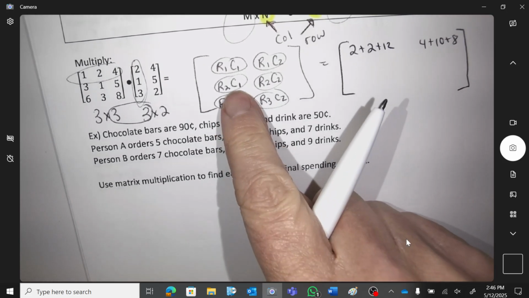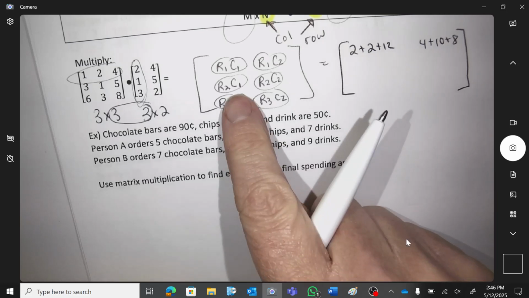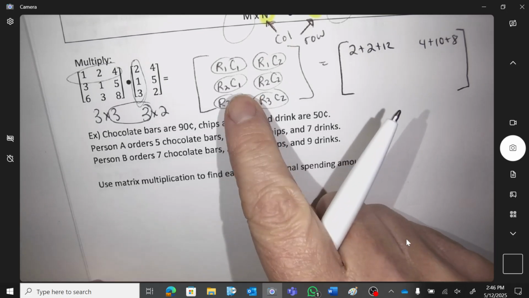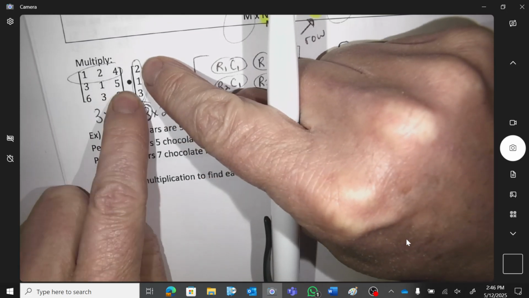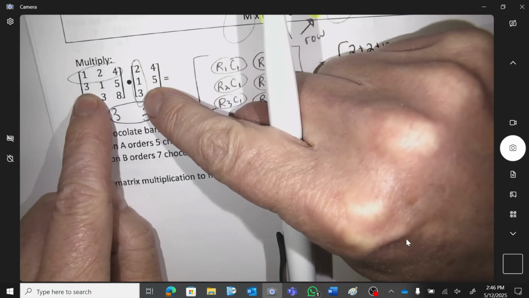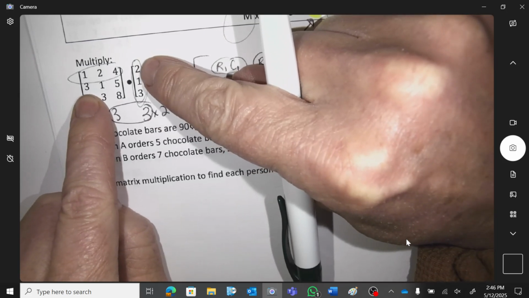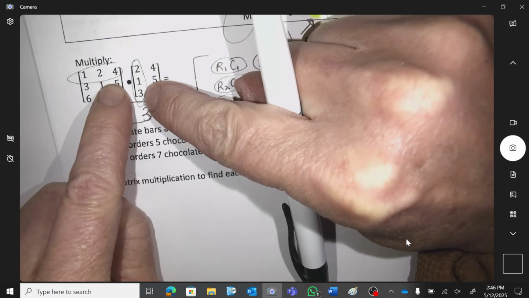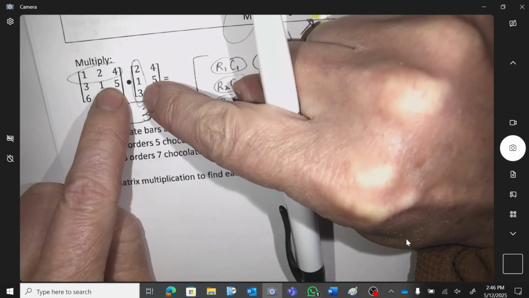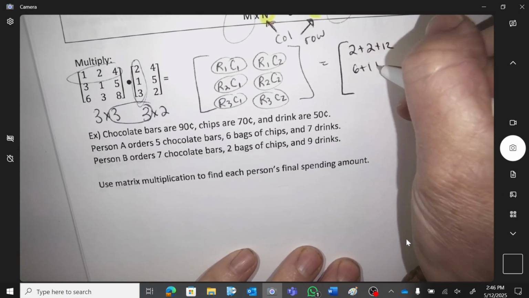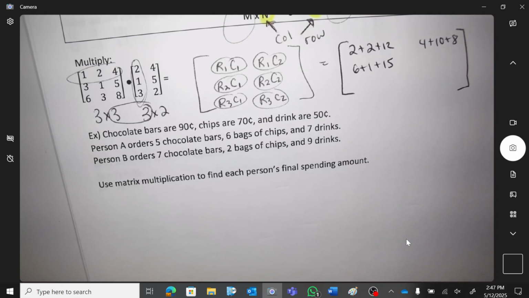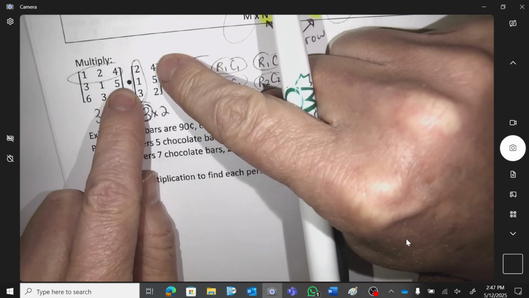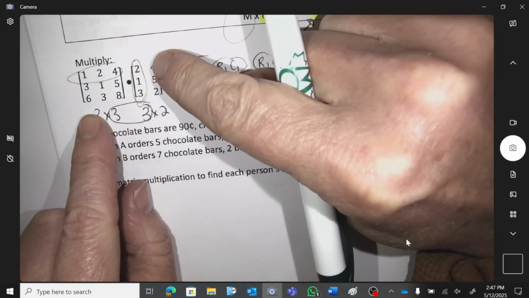Okay, I'm going to do the second row with column 1. So 315 has to match up to the 213. So here we go. 6, 1, 15. Good? Row 2, column 2. So the 315 and 452.